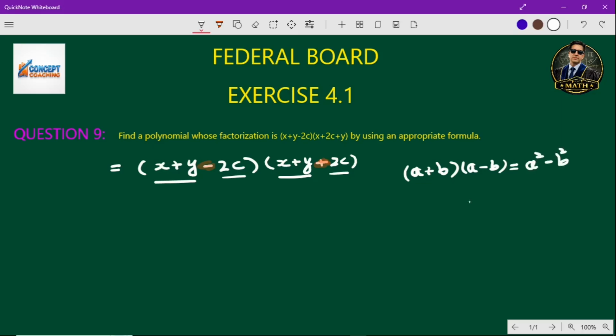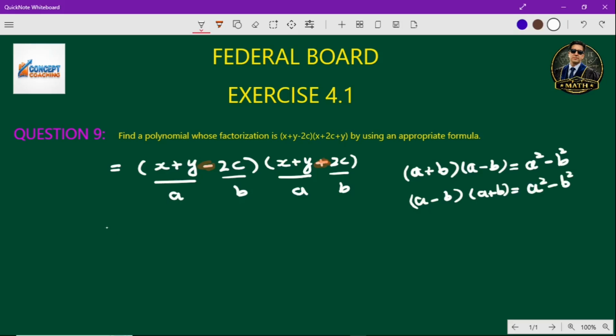We take the square of the first value and then the negative sign, and we take the square of the second value. So in this case, x plus y is a, and 2c is b. So it may be a minus b into a plus b, a minus b is first and a plus b is second. Then this is always equal to a square minus b square.